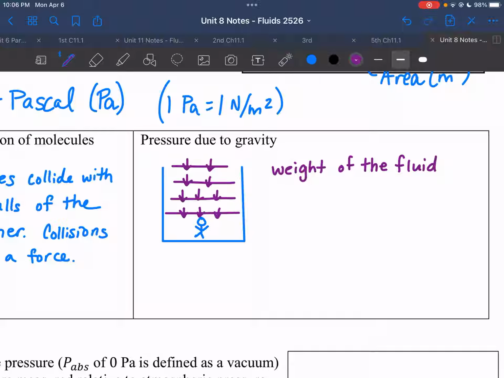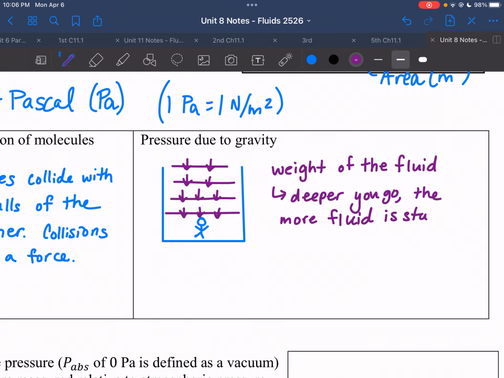This means that the deeper you go, the more the fluid is stacked above you, the more weight that is pressing down on you. So the deeper you go, the more fluid is stacked above you and presses down.